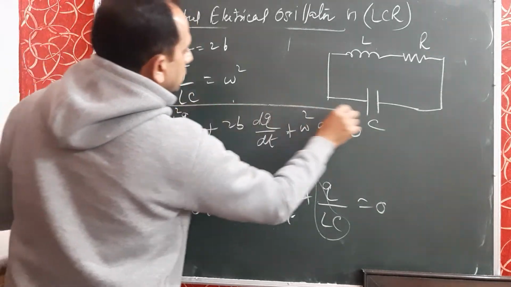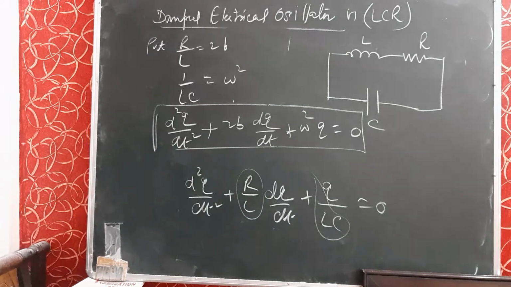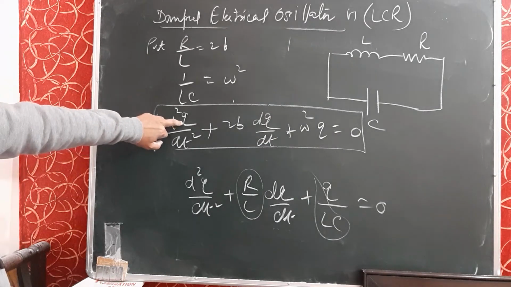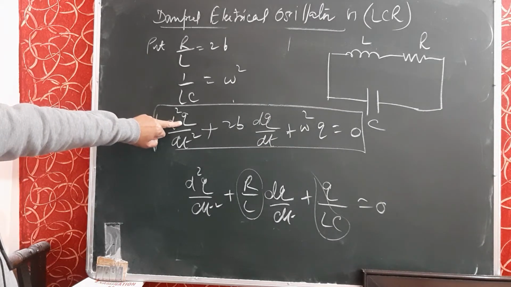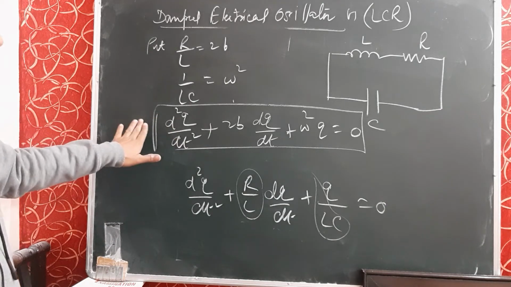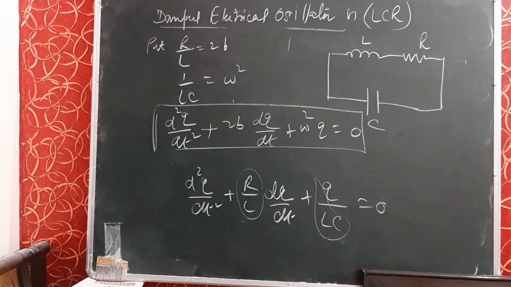This is the standard equation for the damped oscillator, which we have already studied in the mechanical oscillator, but the difference is only that in that equation there is x instead of q. So this equation is the same as that of the mechanical oscillator, just with the replacement of x with q.